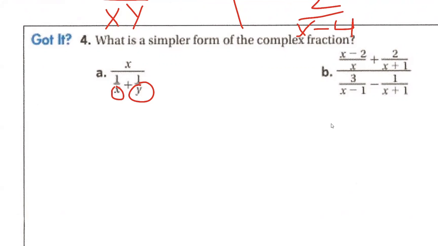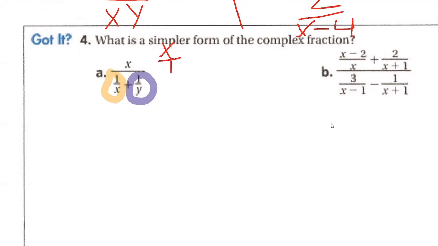Okay, the best way I would explain to simplify a complex fraction is you want to look at each piece. In this problem, I would say we have 3 pieces. You've got this top x here, you've got this 1/x part here, you've got this 1/y part here. You want to figure out what your common denominator between all 3 parts would be. This x part is really just x/1.